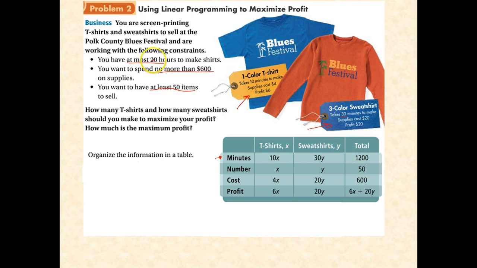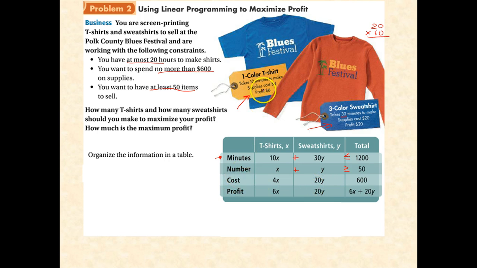Well, you've got 20 hours, and 20 hours times 60 minutes in each hour is 1,200 minutes. So when you add these together, they need to be less than or equal to 1,200 because at most 20 hours. The number of shirts you want to be at least 50, so x plus y is greater than or equal to 50.